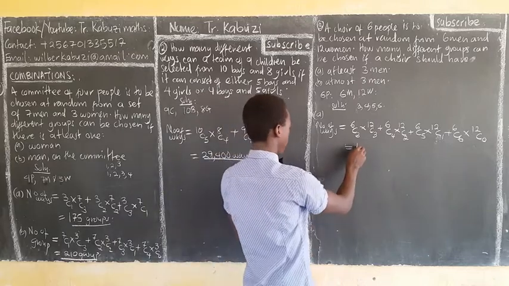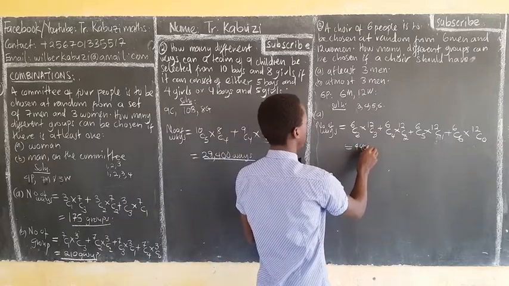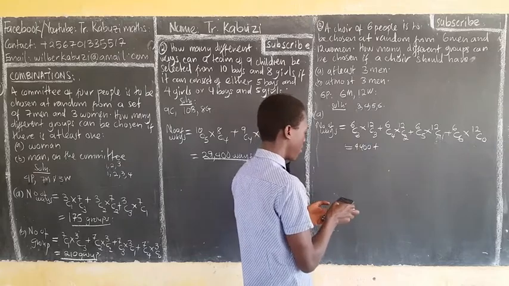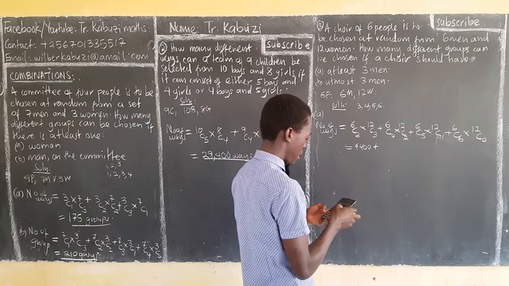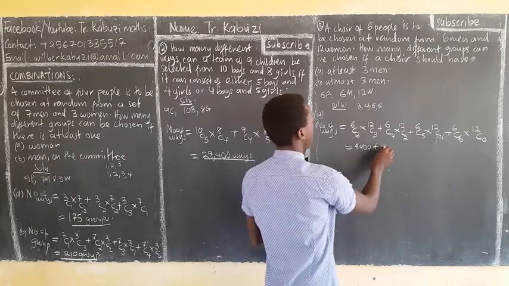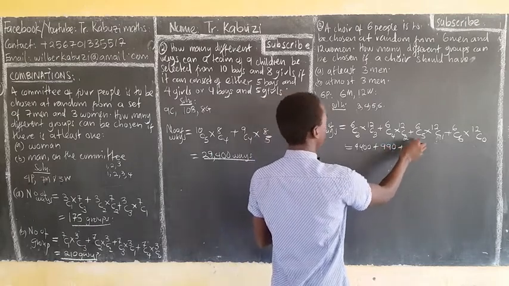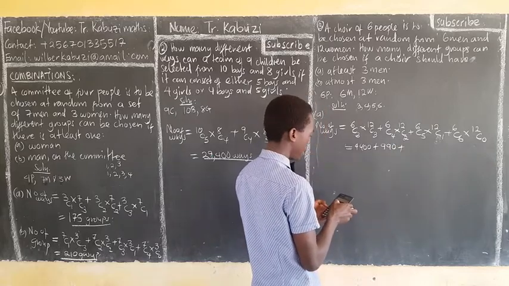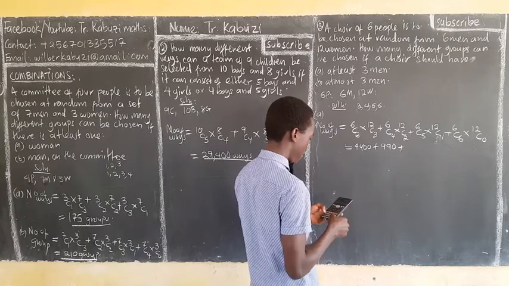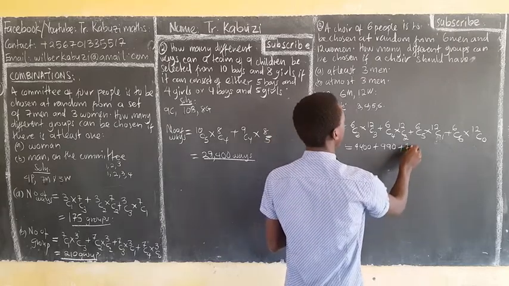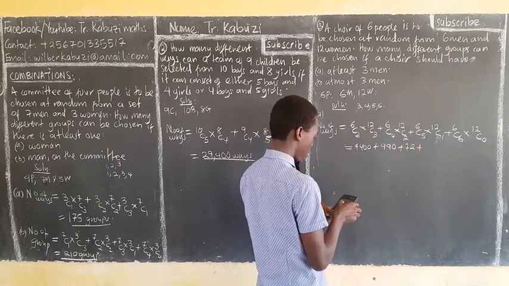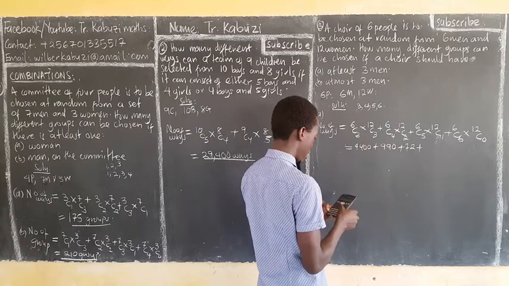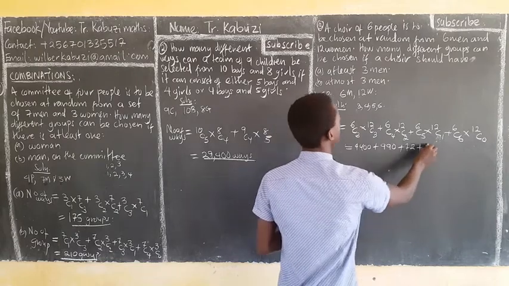So here I have 1,4,4,0,0, then plus, and I put that down. I have 4, 2, this is 9,10, then plus this. I have that as 72, and then plus, getting a 1.